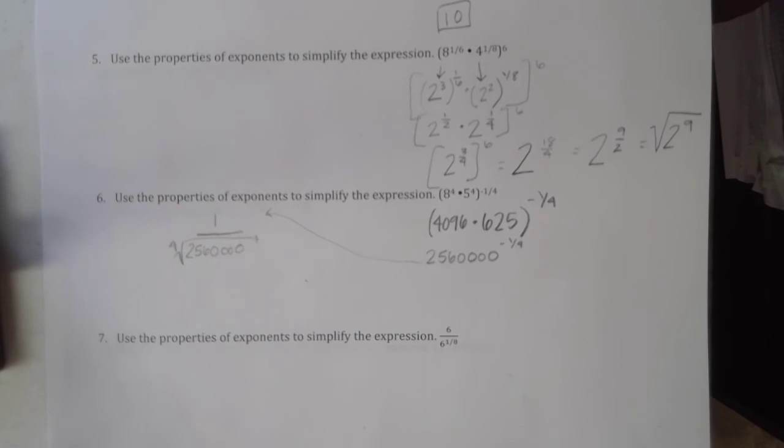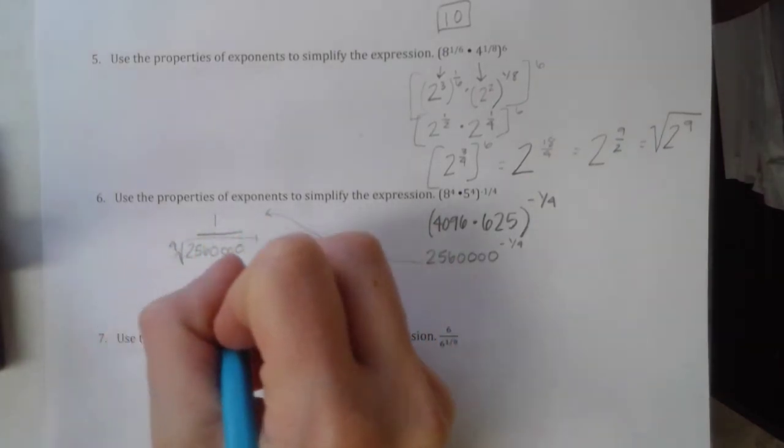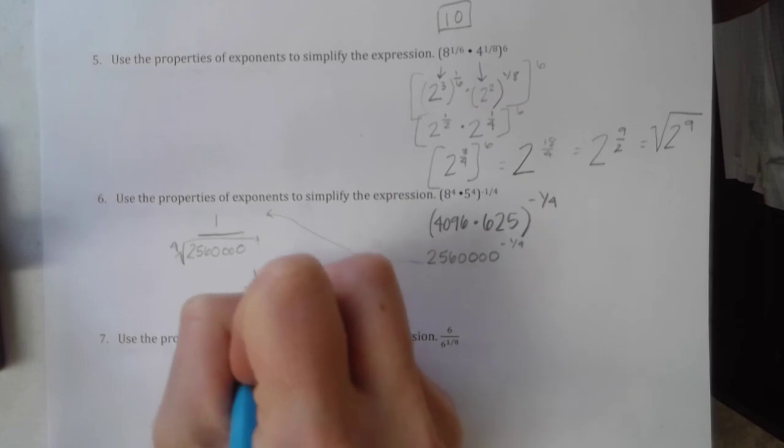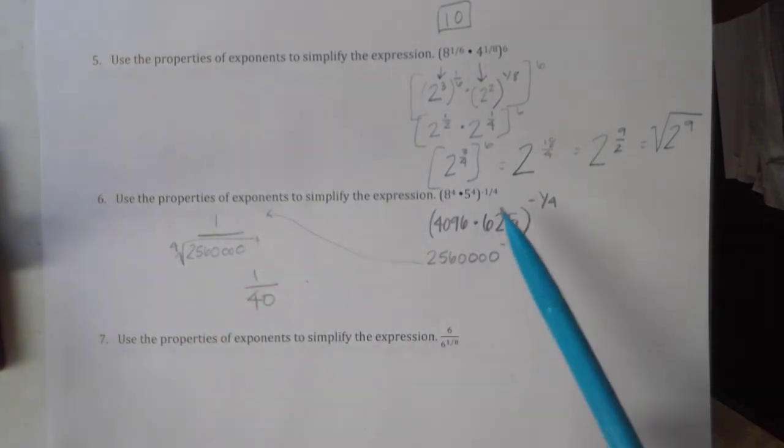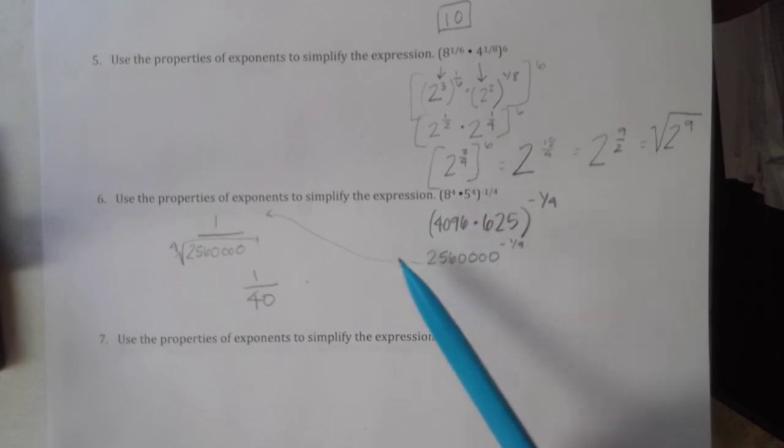And so we have 2,560,000, and we want to raise that to the 1/4 power or take the 4th root. It's the same thing, and that should give you 40. So all this down here should give you 40. Again, you can put all of this in your calculator and check it, okay? But you'll need to be able to show your work.